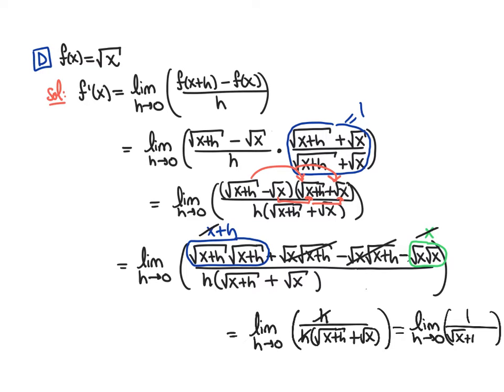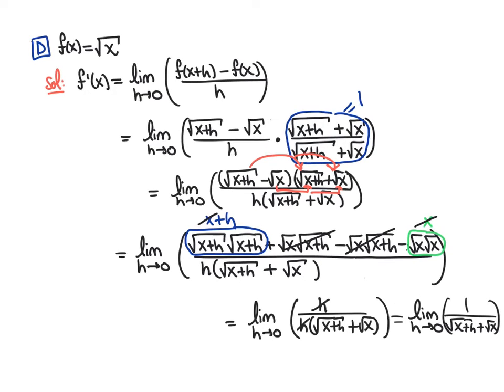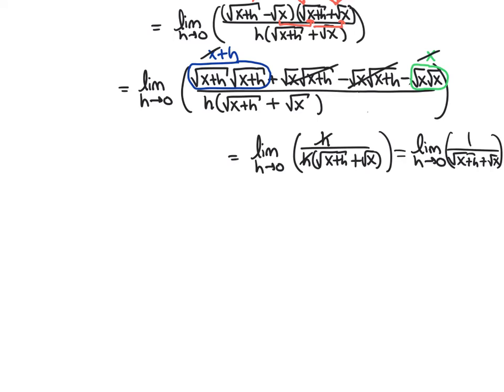So you have the square root of x plus h plus the square root of x. And you can complete the example by inputting your h equal to 0, and you end up with just 1 over square root of x plus square root of x, which is 1 over 2 square root of x. And that's representative of your derivative for the function the square root of x.